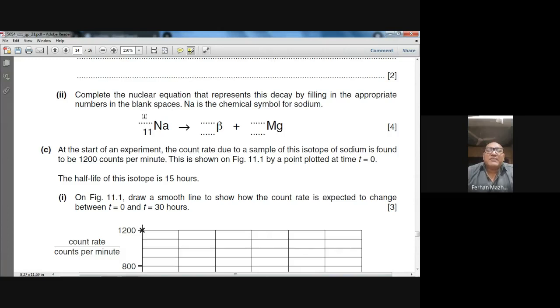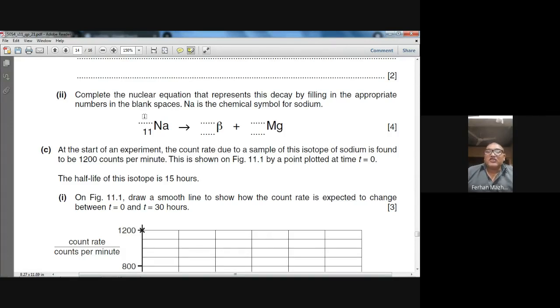For example, here the magnesium is the daughter nucleus. So when a beta particle is given out by the sodium, the magnesium, which is the daughter nucleus, its proton number will increase by 1 as compared to the parent nucleus, and its mass number will remain the same. So the mass number of the sodium was 24, so the mass number of the magnesium will also be 24.